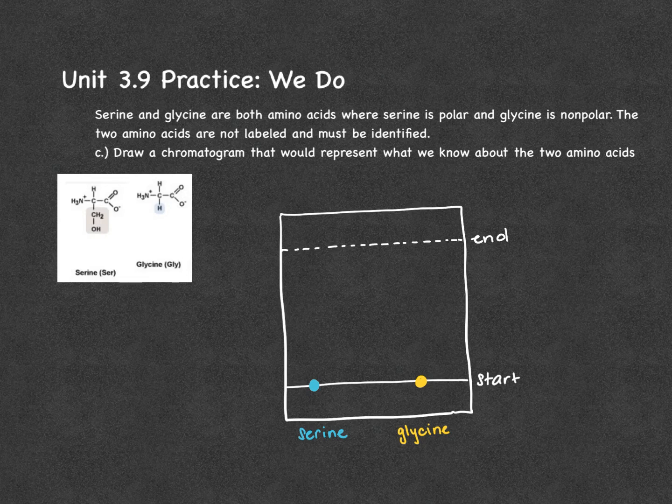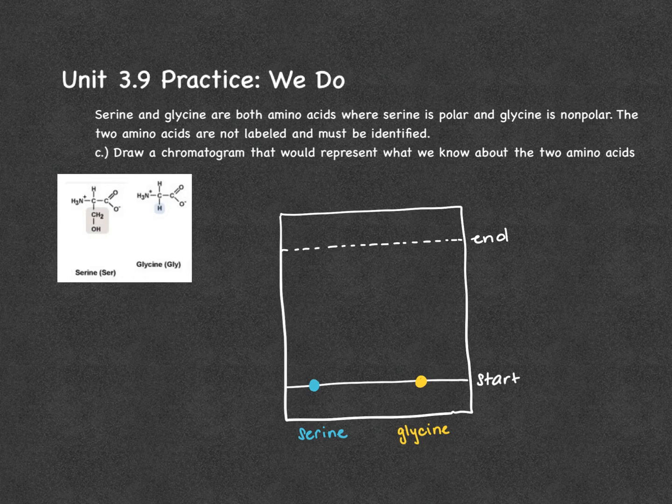And our solvent is typically going to be a nonpolar solvent. So that means our glycine, which is nonpolar, is going to have a higher affinity for our solvent and less interaction with the stationary phase, but it's going to have more interaction with the mobile phase.